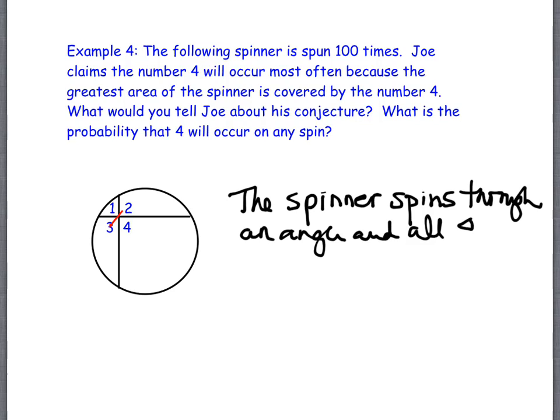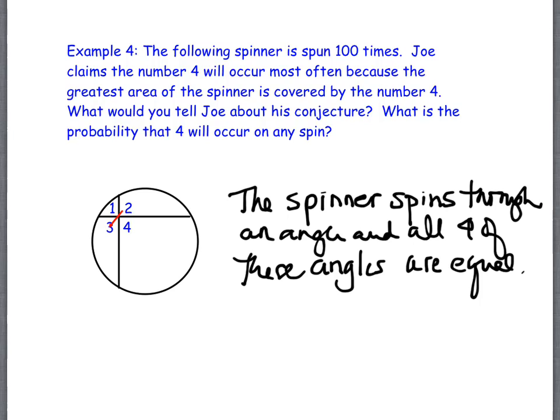And all 4 of these angles are equal. So what is the probability of spinning a 4? It's 1 out of 4 because there are 4 equally measured angles. They're all right angles in this particular problem.